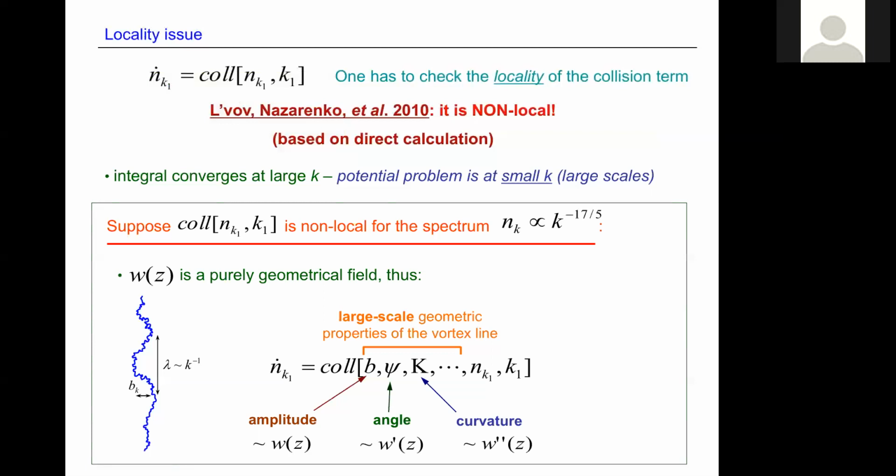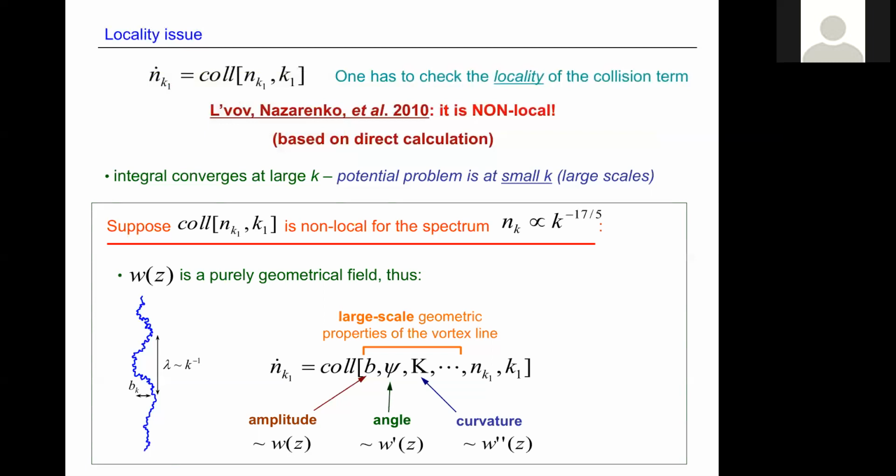Then, if I'm considering collisions at short length scales, K1, then the contributions from small length scales, so non-local, again, I need to remind you, non-local means that there's a direct energy transfer from the really long wavelength, the longest actual wavelength, because of the divergence of the integral at small momenta. The longest wavelengths talk directly to the short wavelengths and modify the kinetics of the short wavelengths.